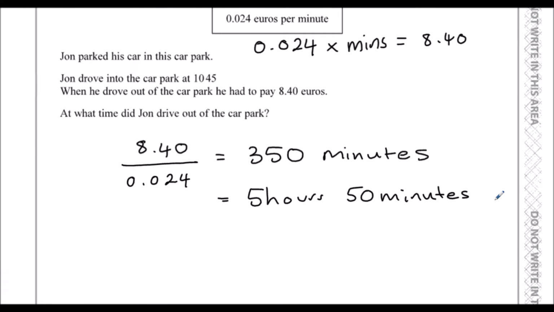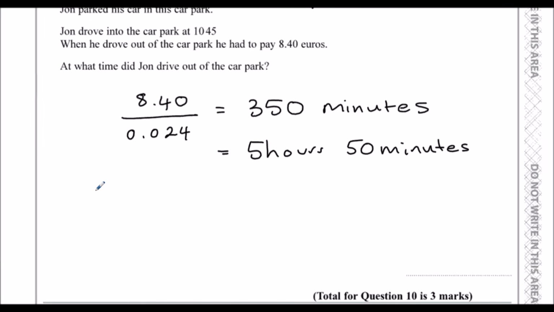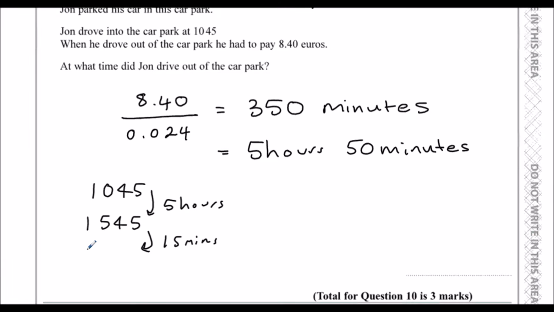So now we need to add on to 10:45. So we could go 10:45 and add on 5 hours, which will go to 15:45. And then 15 minutes will take us to 16:00. And then we've got 35 minutes left.